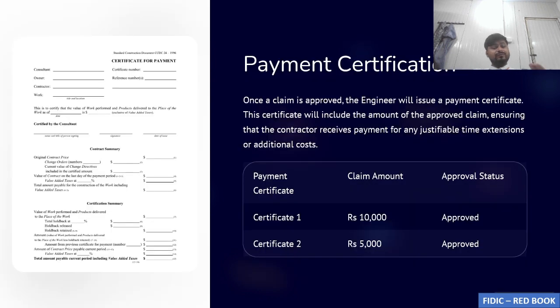Now, if you are claiming for the cost, then you have to submit all the cost calculations, including whatever escalation or new rates apply, because of the delay there were some changes in the cost indices, so that amount increased. You have to submit that with certification also, so that the employer can assess it and come to a final decision.